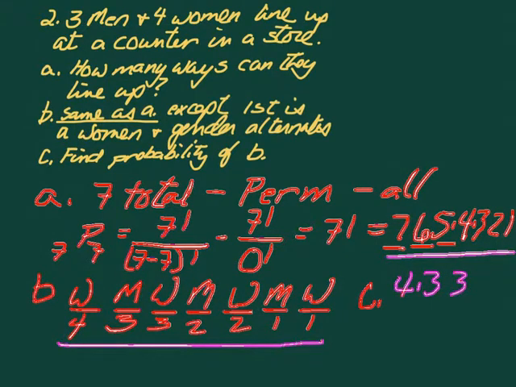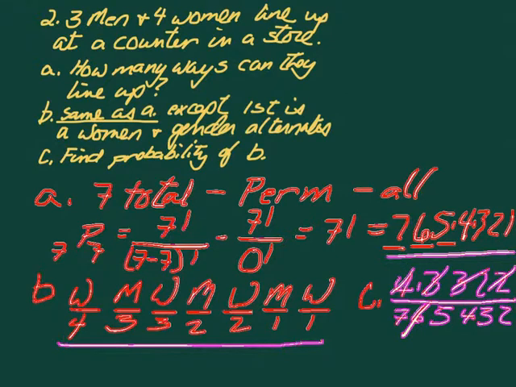So it's 4 times 3 times 3 times 2 times 2 and then some 1s over 7, 6, 5, 4, 3, 2, ignoring multiplying by 1. And as you can see, right here is a 6. Then I have a 3 and a 2 and a 4, which I can cancel. And so my answer is just 1 over 7 times 5, or 1/35. And that would be the probability.